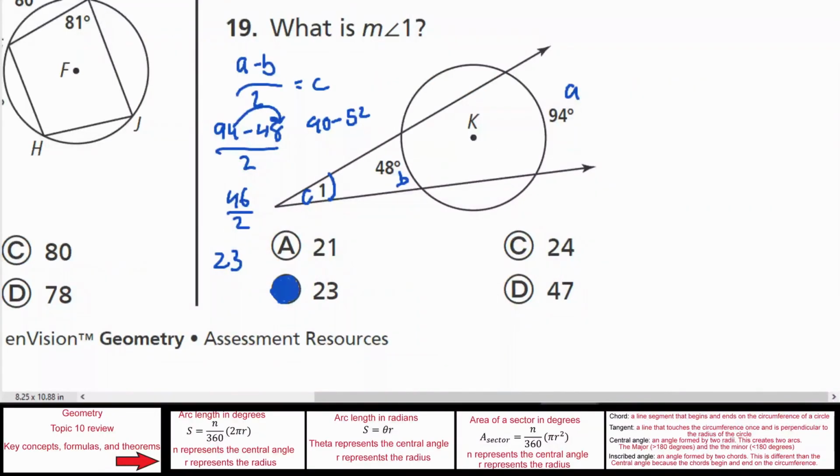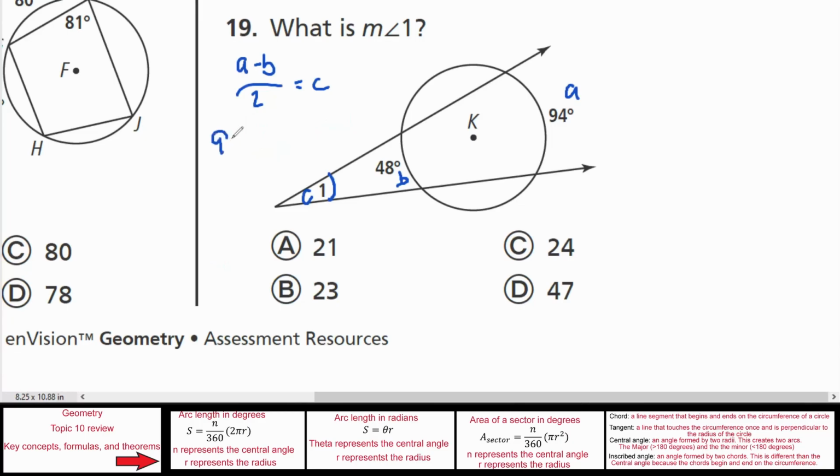All right, for this one, it wants to know what is the measure of angle 1. And to do that, I'm going to do A minus B divided by 2 is equal to C. So (A minus B) over 2 is equal to C, and I'm just going to plug and chug.